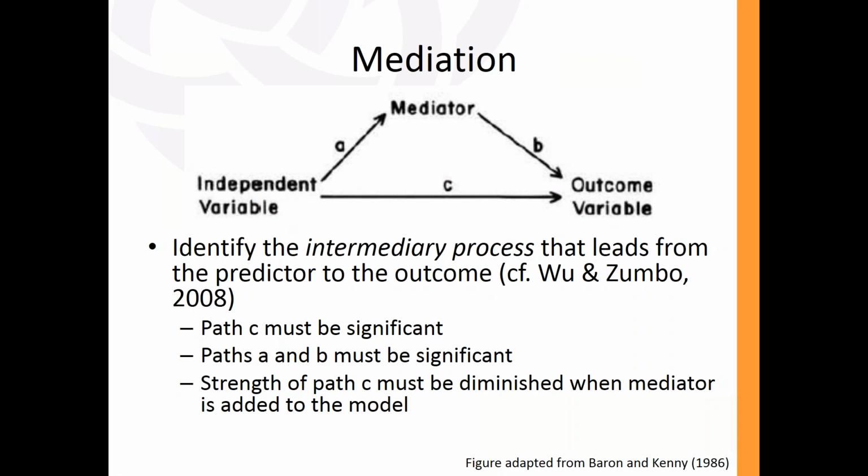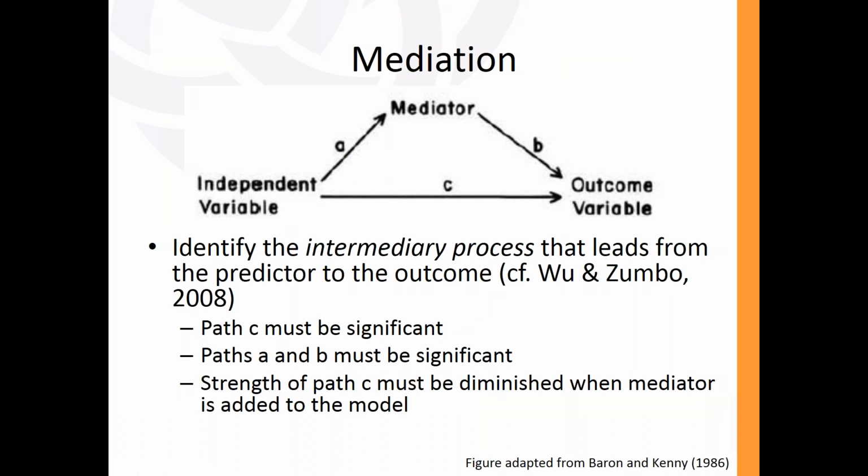But then paths A and B have to be significant as well, because the mediator has to be related to both the independent variable and the outcome variable for there to be this detour to exist. And last but not least, the strength of this path C must be diminished when the mediator is added in. So basically, this mediator has to take the place of the independent variable as explaining the outcome.